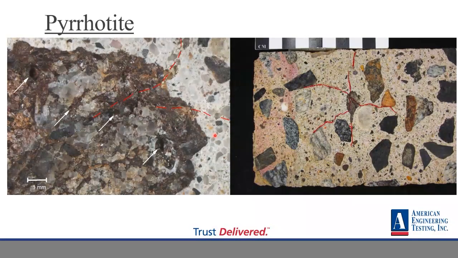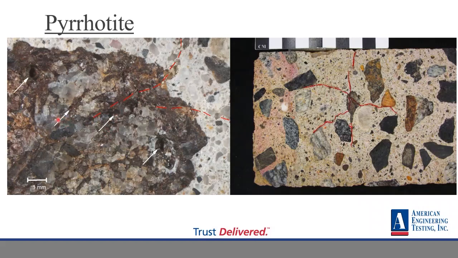Okay, so here we start looking at some of the minerals that we might see and call out. This particle on the left here, that is in concrete, it's a metamorphic particle, and it's got the mineral pyrrhotite in it. Pyrrhotite is not as common as pyrite, but it definitely oxidizes more rapidly, and it can create expansion and different issues like that when it starts to oxidize.